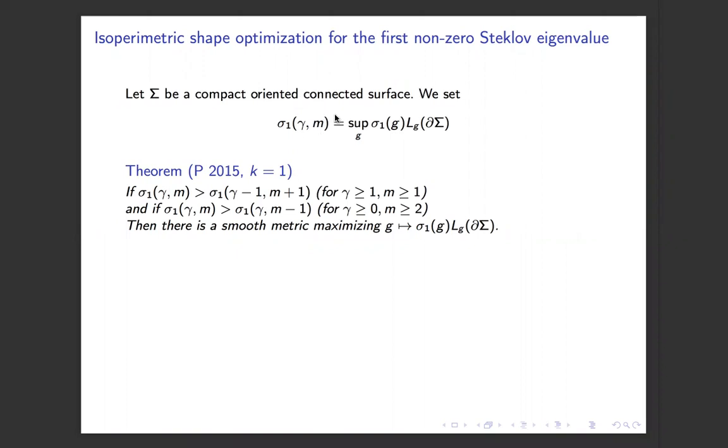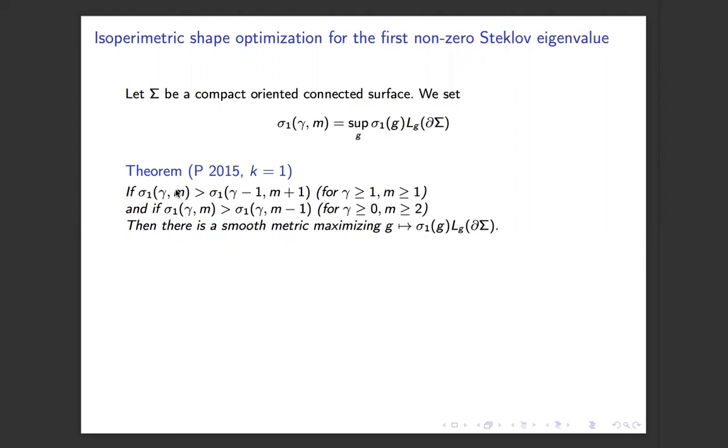And this quantity is a topological invariant depending on the genus and on the number of boundary components. And the following theorem states that if we have these strict inequalities, then there is a smooth metric maximizing this functional for surfaces of genus gamma with m boundary components.